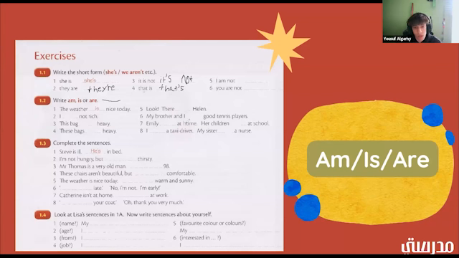All right. I am not changes to I'm not. Okay. You are not changes to you're not. And that is spelled Y-O-U apostrophe R-E and then not. Okay. All right. Everyone good with that?